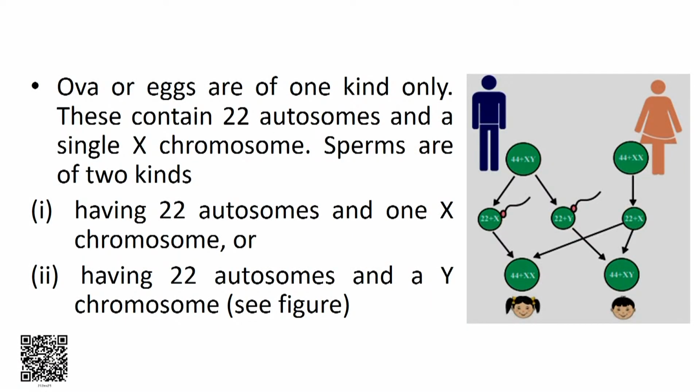So, ova or eggs are of one kind only. They contain 22 autosomes and a single X chromosome. Sperms are of two kinds, having 22 autosomes and one X chromosome, or having 22 autosomes and a Y chromosome, as you see in the figure.